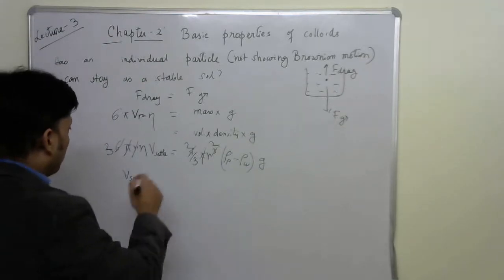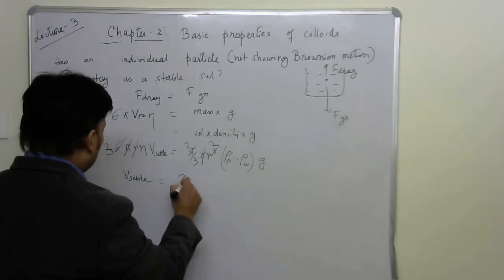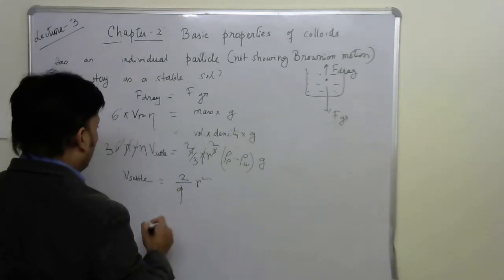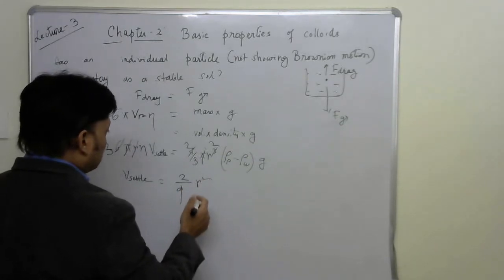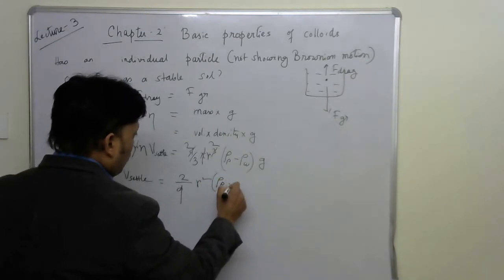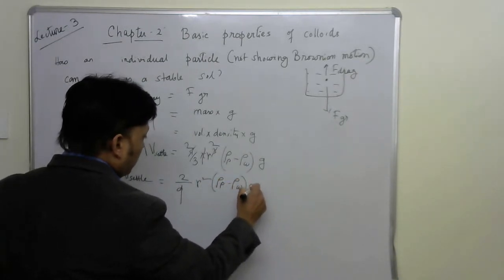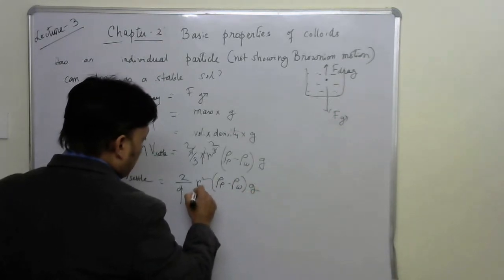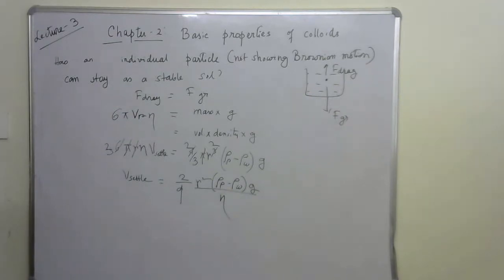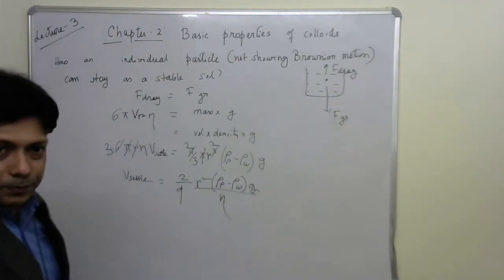Okay, so therefore V settlement is equal to 2 divided by 9, r square, rho minus rho w multiplied by g, and this whole thing divided by eta. All right, so this is the expression for V settlement.